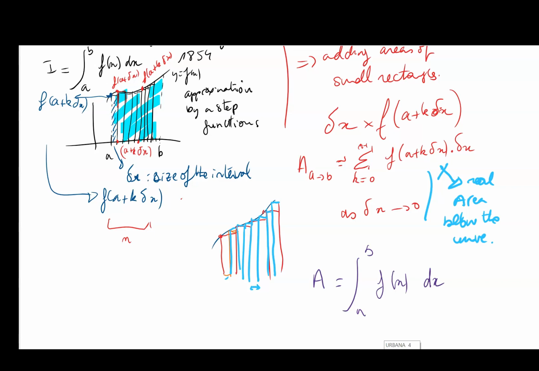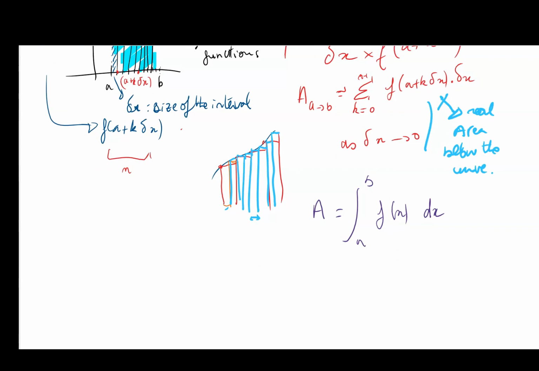Okay, so that was just a notation to begin with, this integral notation, and that dx stands for infinitesimal size. Okay, so that's where it's coming from. It's really to tell you how it's going to make the size of the rectangle you are using.